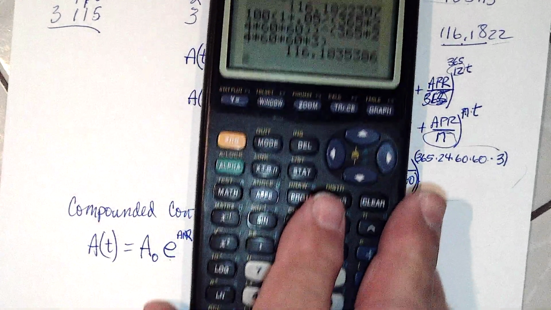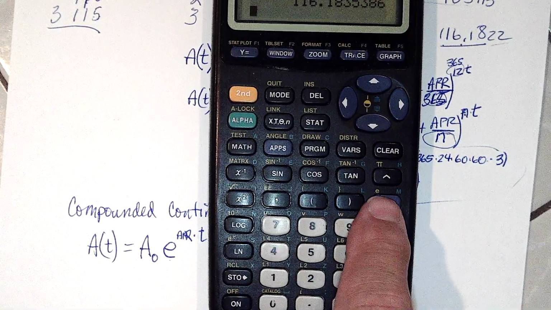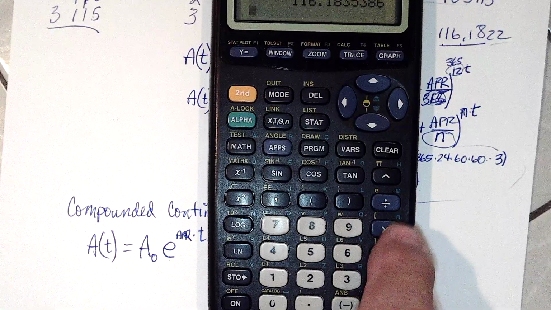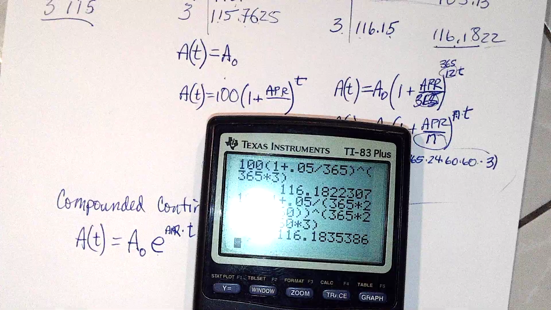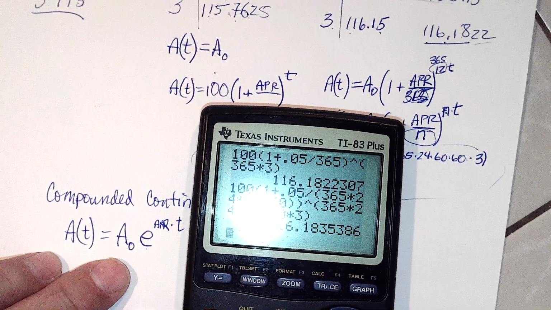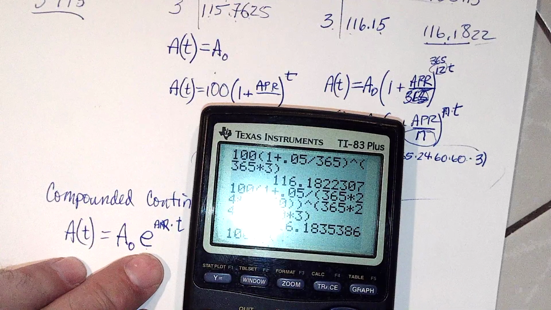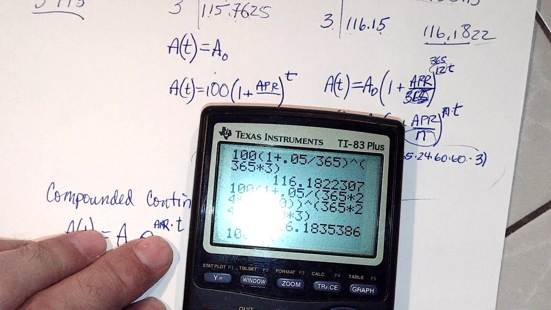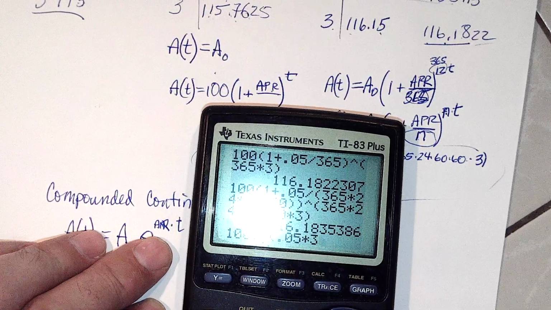So e can be found on the calculator. e to the x is there, and e is right there above the divide sign on this calculator. And you'll find it on most calculators. So I'd be doing 100 e to the interest rate at 0.05 times 3 for 3 years.